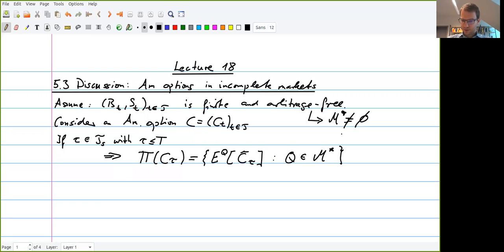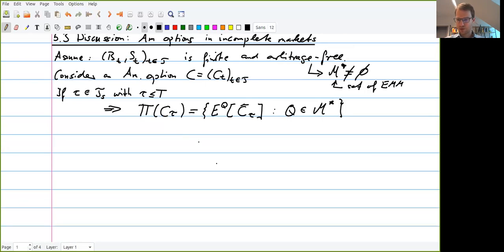Okay, right? You probably all have this very well in mind currently, but just to make sure, this is the set of equivalent martingale measures. And this is what we have developed.